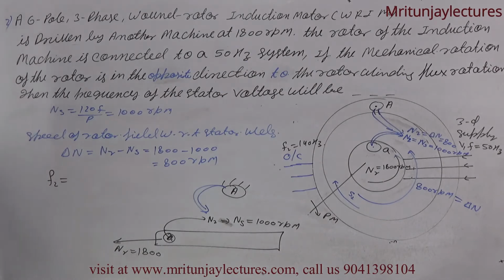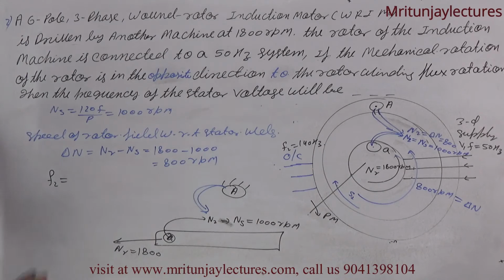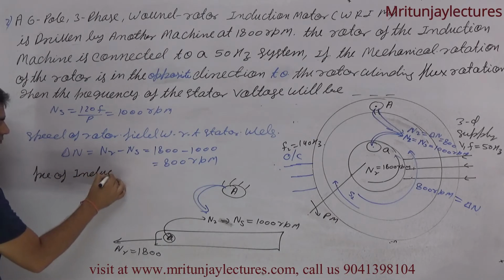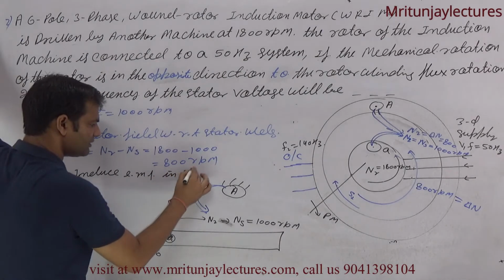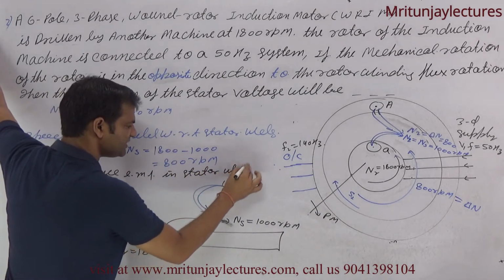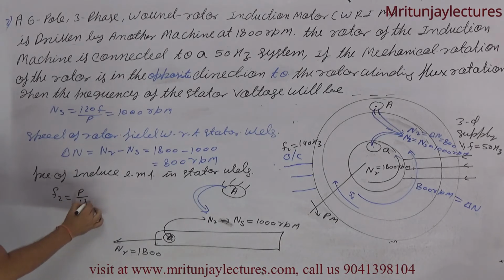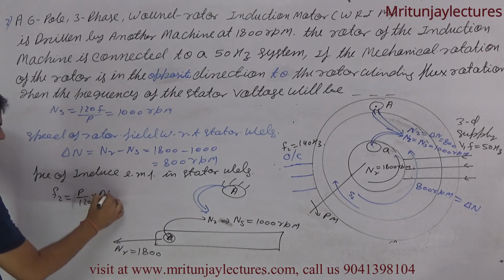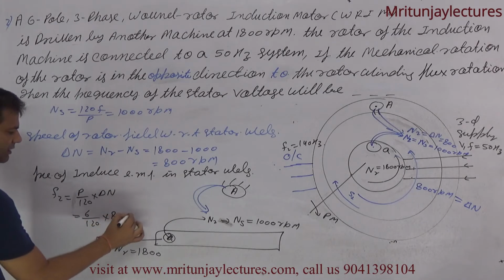So the frequency on the stator side, or you can say the frequency of induced EMF in stator winding, F2, will equal P divided by 120 into delta n, written as 6 upon 120 into 800, that is 40 hertz.